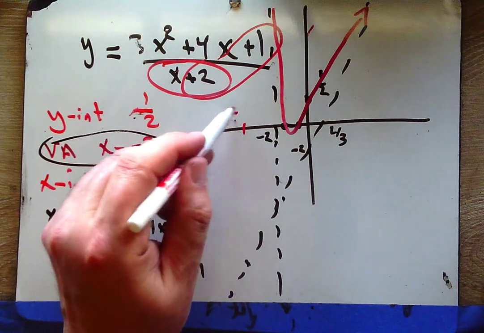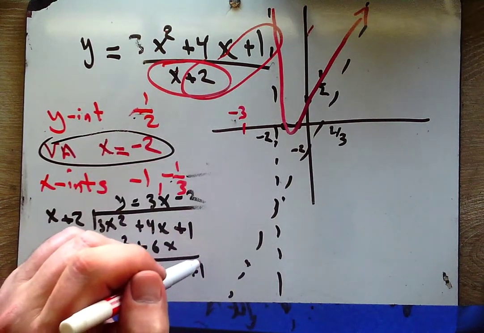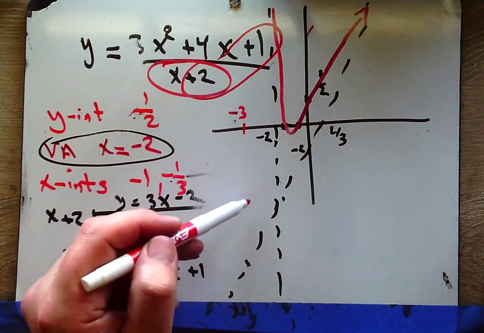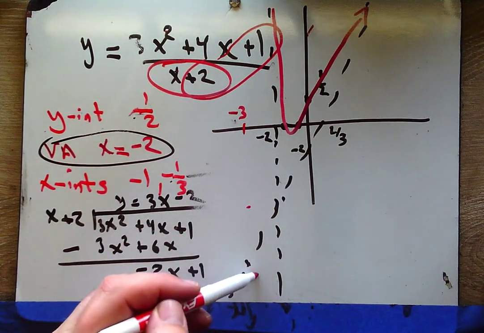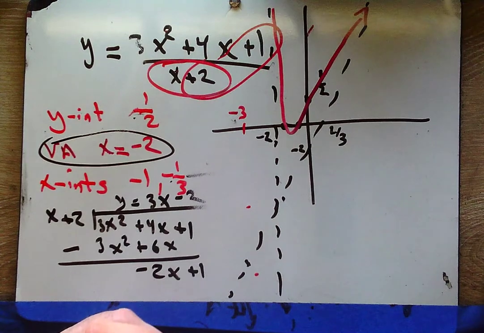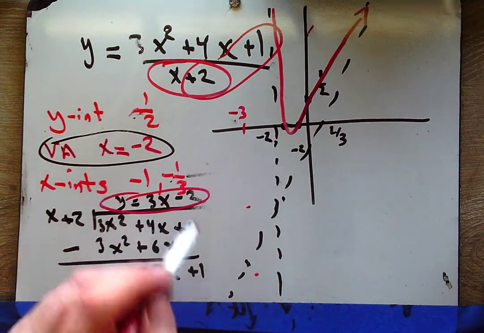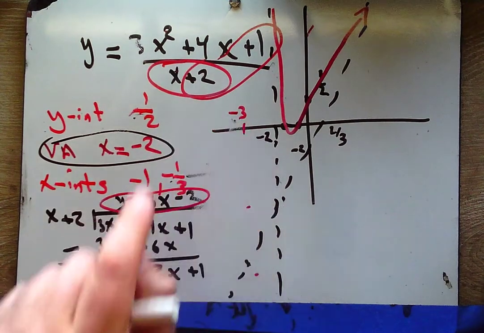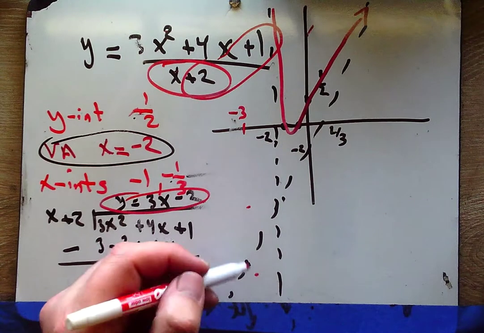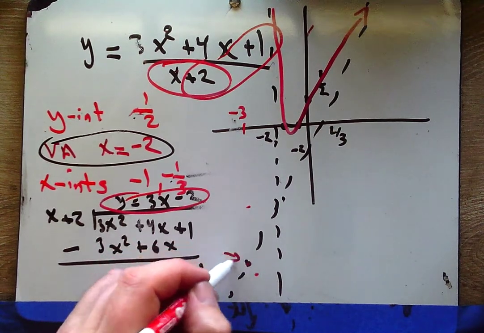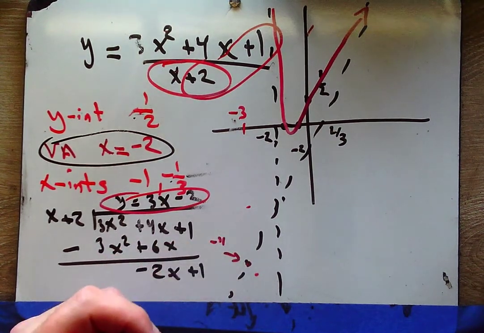And if I plug in a test point like -3, I want to find out if the y value I get is here, above the slant asymptote, or here, below the slant asymptote. This slant asymptote equation, 3x minus 2, if I plug a -3 in, -3 times 3 is -9, minus 2 is -11. We know the y value here is -11.